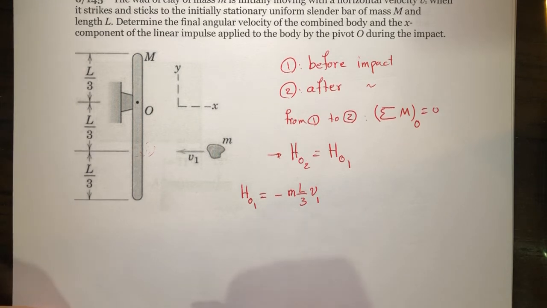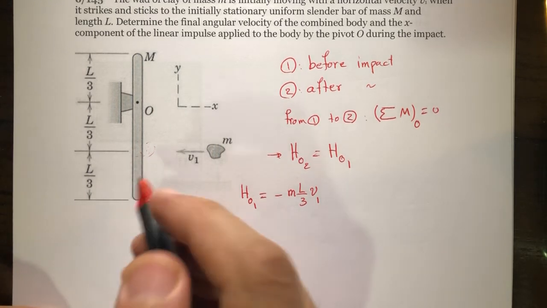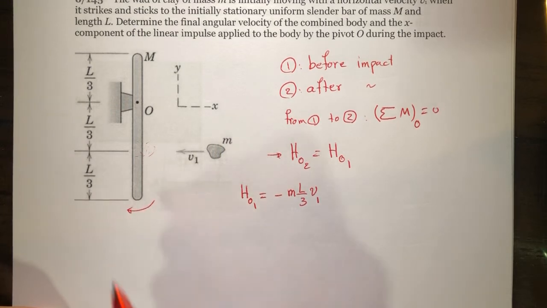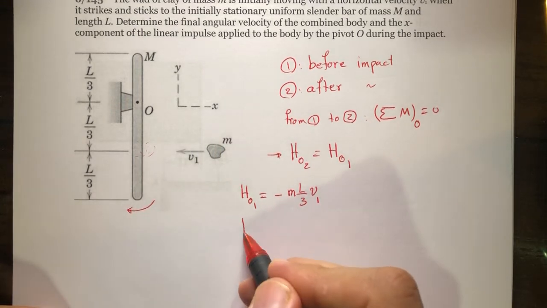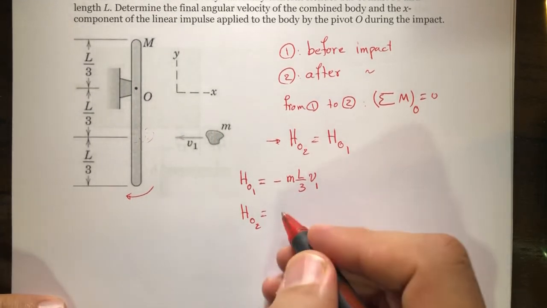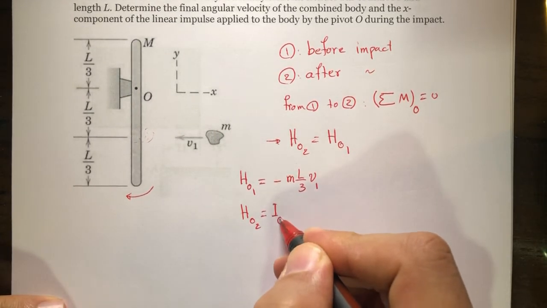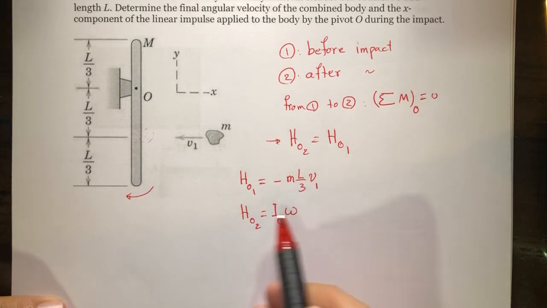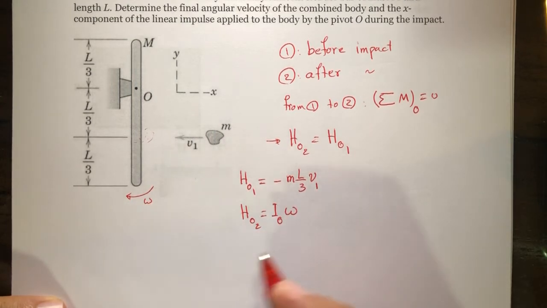And after impact, everything is going to rotate clockwise, and the total angular momentum is going to be IO of the whole system times omega, but omega, because it's going to be in the clockwise direction, in the z direction is going to be negative.